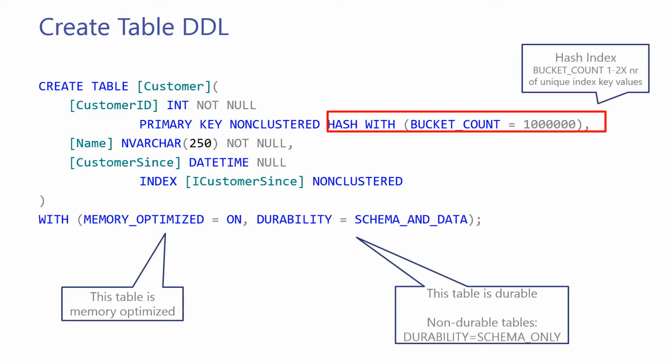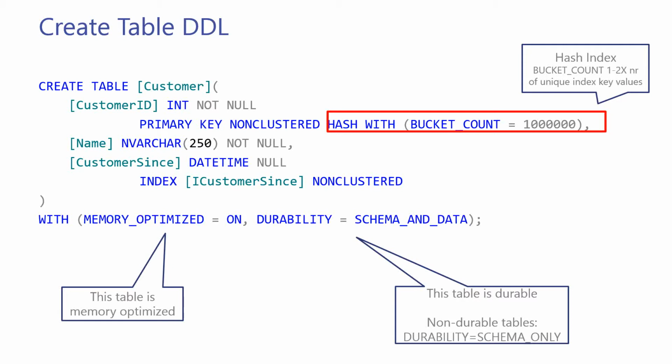Another thing to keep in mind with hash indexes is that they are static. So when you create them with a certain size, this never changes during their lifetime. And also you need to specify actually how big it is going to be. You specify that through the bucket count.